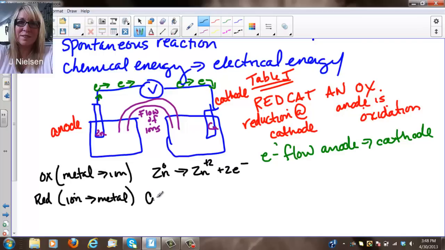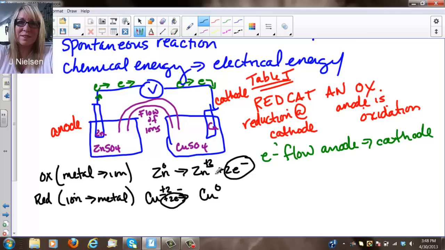And we have copper. Probably they would tell us something else, like that this is ZnSO4 and this is CuSO4 over here. So we've got Cu plus 2 going to Cu 0, and we need plus 2 electrons in here, because electrons get added to the side that has the higher charge.